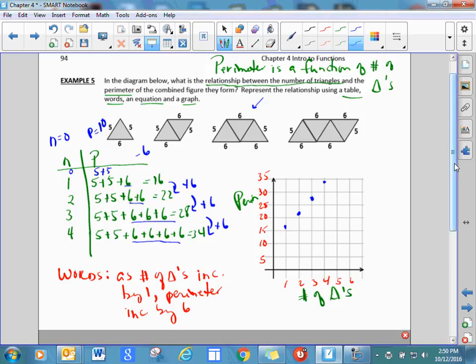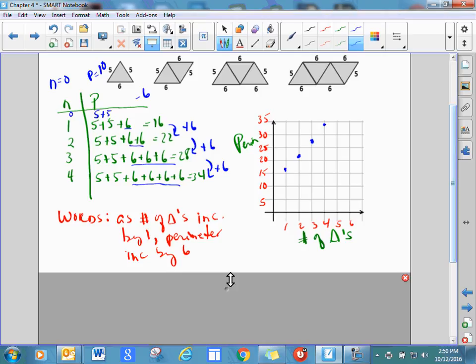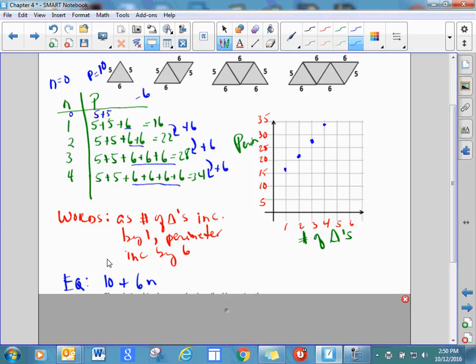So if we go with that thinking, then our equation is where n is equal to 0, 10, plus for every 1 increase in n, we have 6 increases in y. So the equation of this line is 10 plus 6n. So that is equal to our perimeter, which is a function of n.